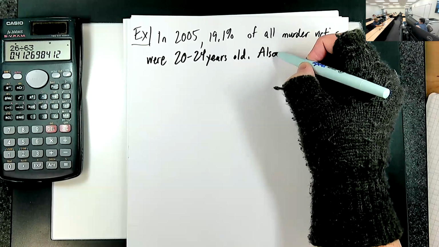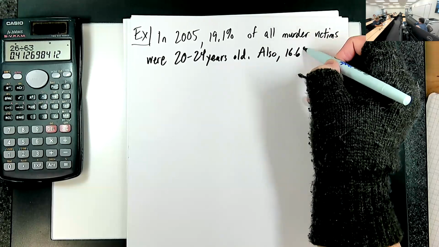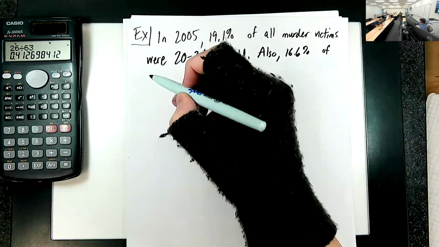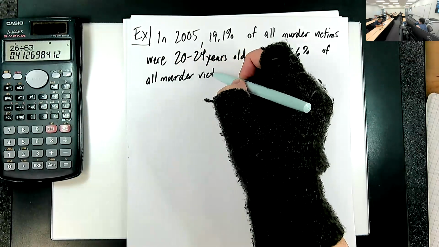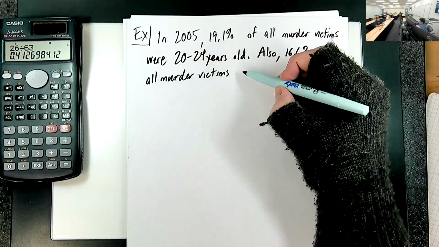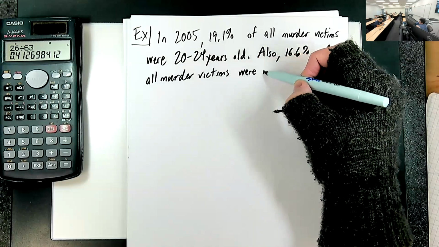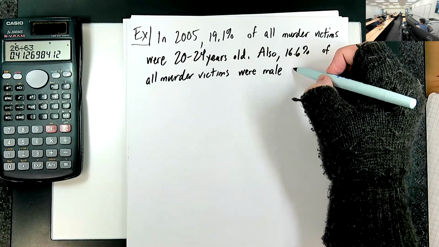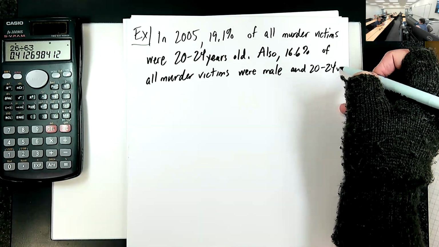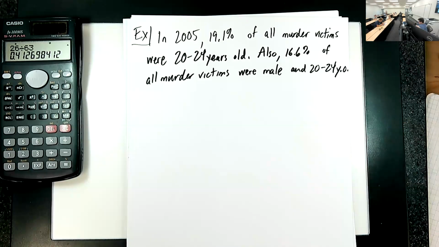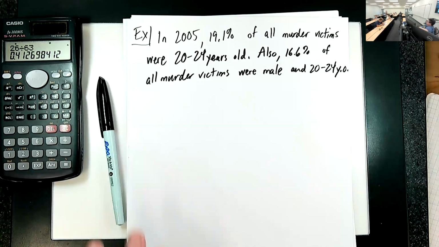Also, 16.6% of all murder victims were male and 20 to 24 years old. Now I'm going to say YO, now that I've said years old once.